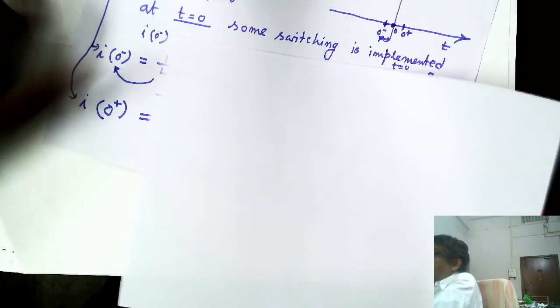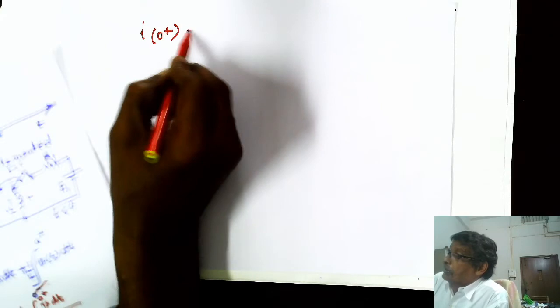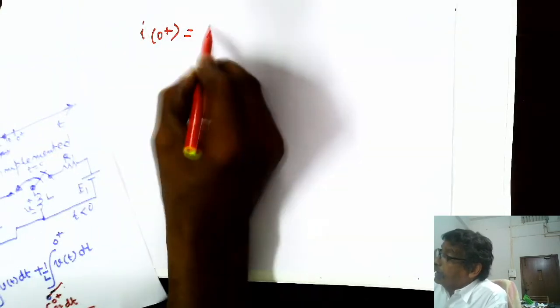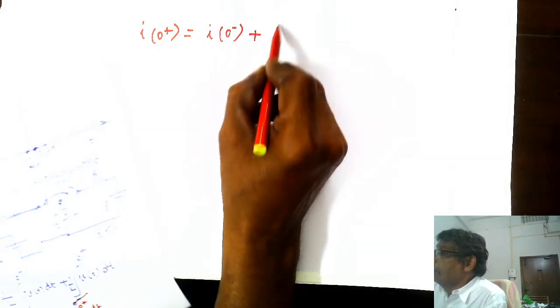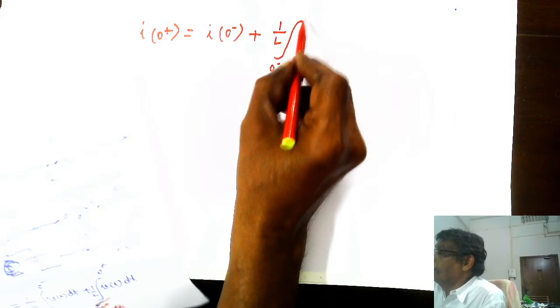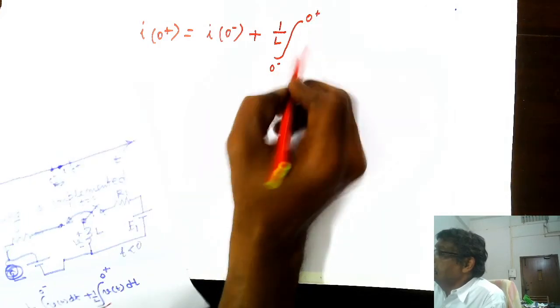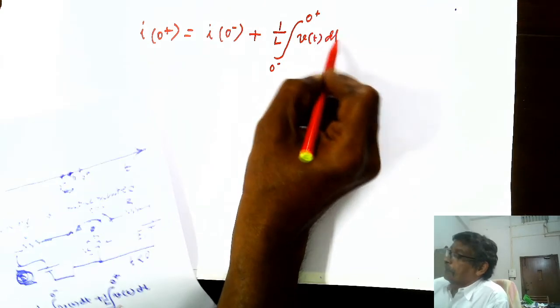So what I have got is i(0 plus) equal to i(0 minus) plus 1 by L times the integral from 0 minus to 0 plus of v(t) dt, is it not?